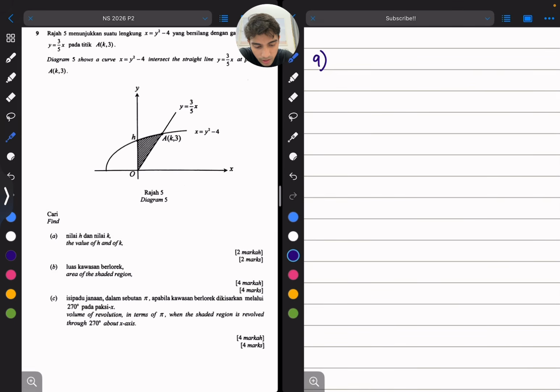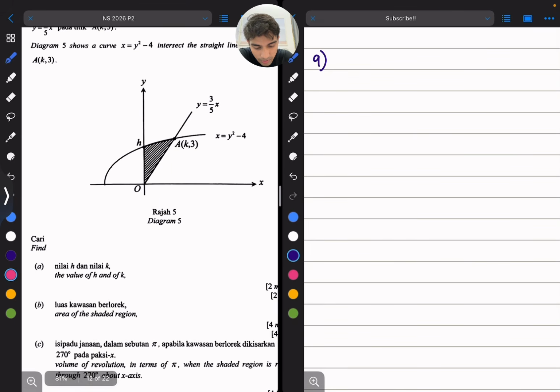At the point h, it is actually the y-intercept. So at point h we know x must be 0. Since h is part of this curve, we can use this equation. We substitute the x and y into this equation.